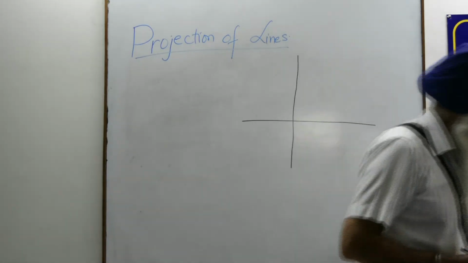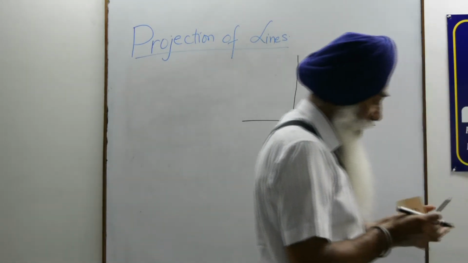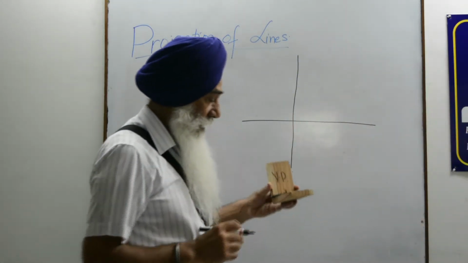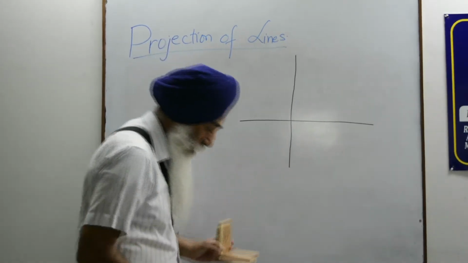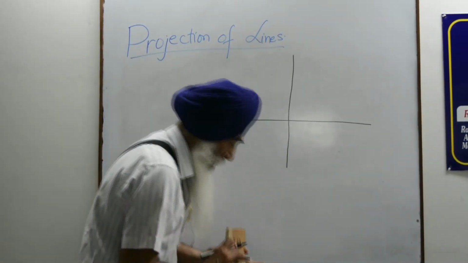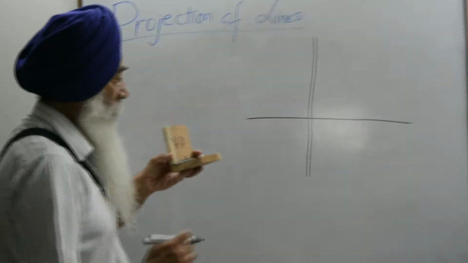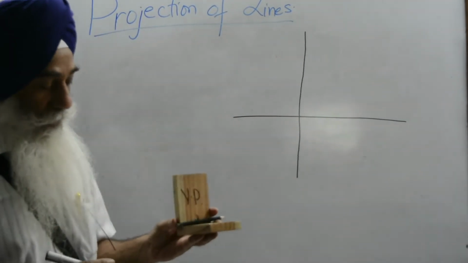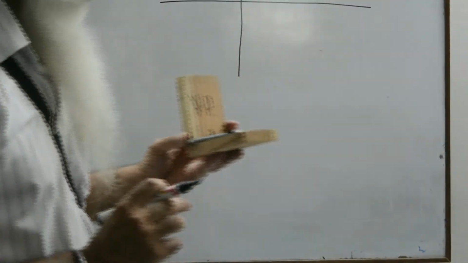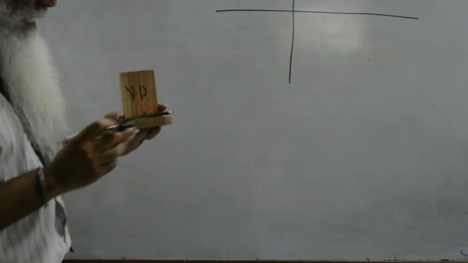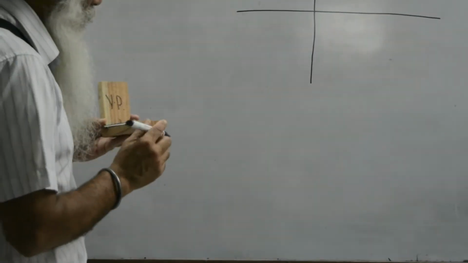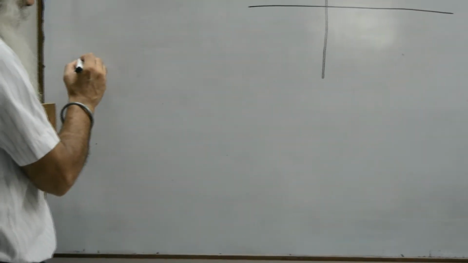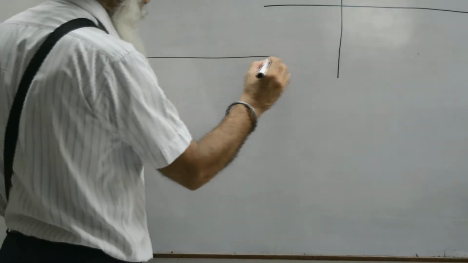For example, in the first case, the line lying at the junction of both the axes, horizontal and vertical. In first angle projection, we can draw its projection like this: first of all, you draw a line XY.